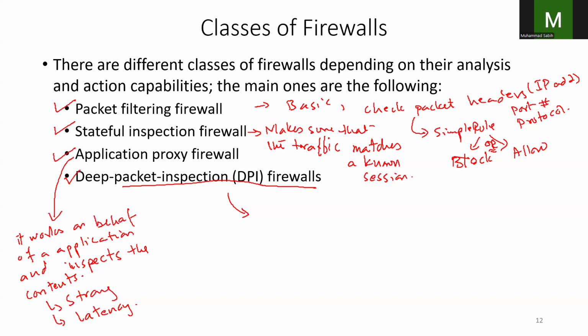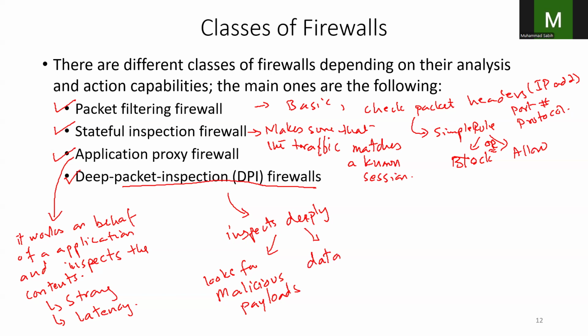These go deeply into the actual content of the packets, not just the header. So it inspects deeply, and it looks for, for example, malicious payloads and data leaks or even protocol anomalies.